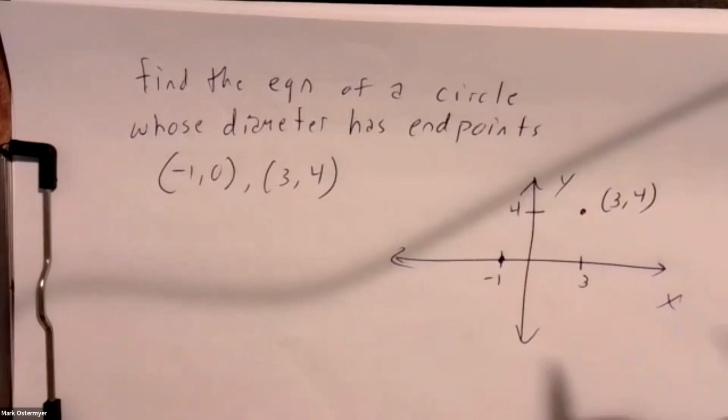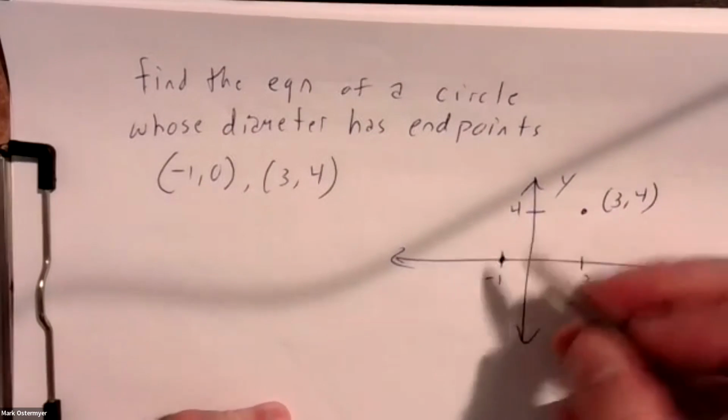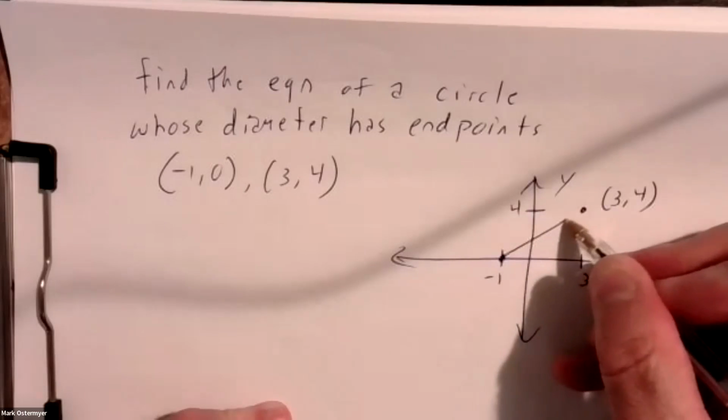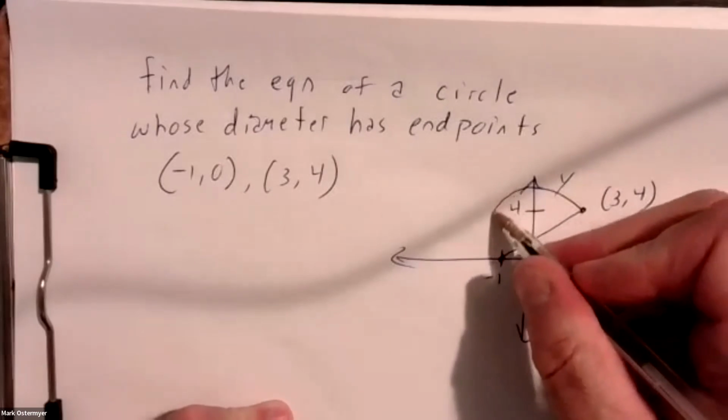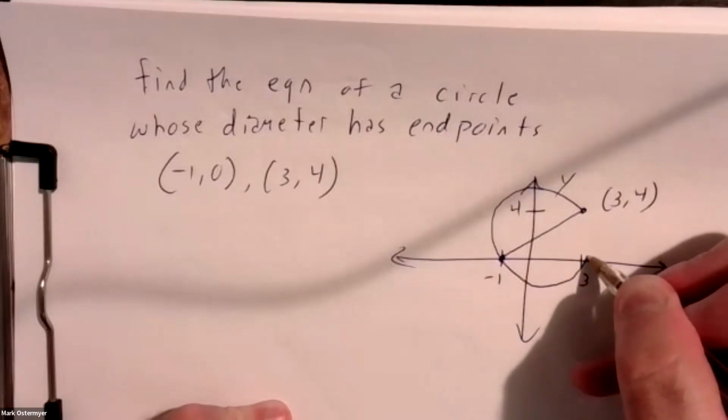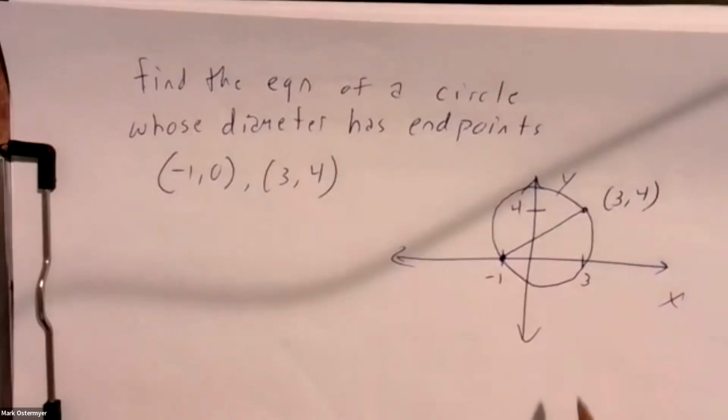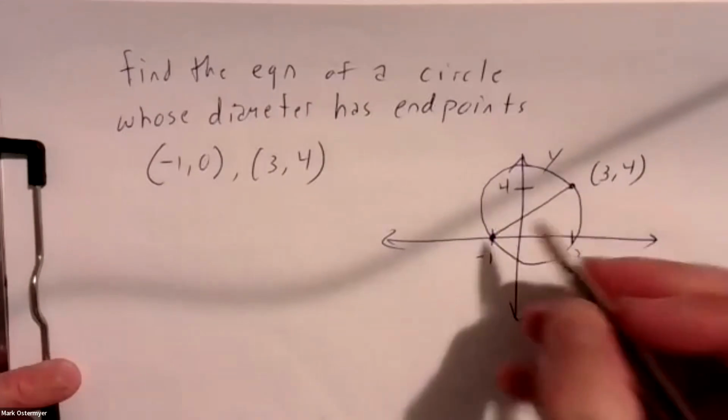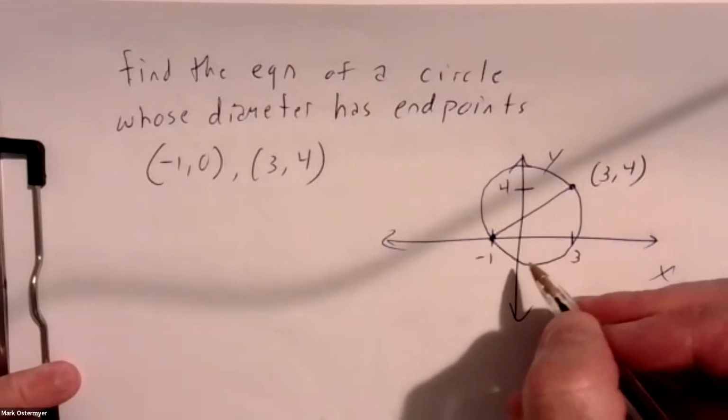So we want to write the equation of a circle whose diameter contains these 2 endpoints here. We want to write the equation of the circle. Well, we're not given a radius now, we're given the diameter.